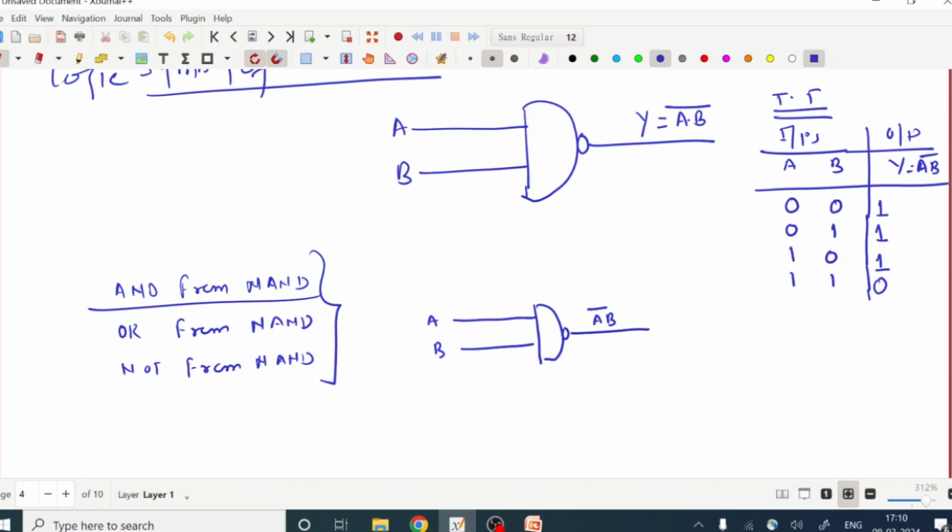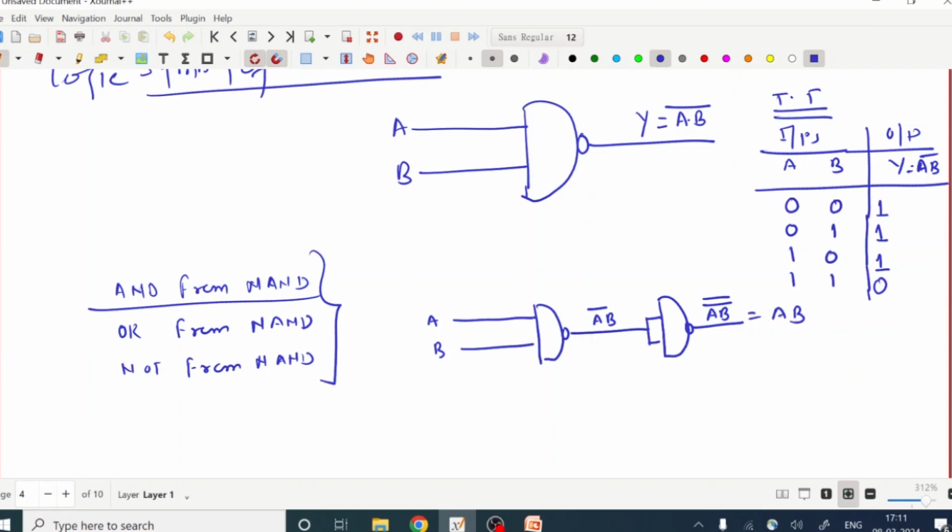And when we again supply the same input to another NAND gate, this is again the complement of the previous output, a double complement. This is equal to AB.